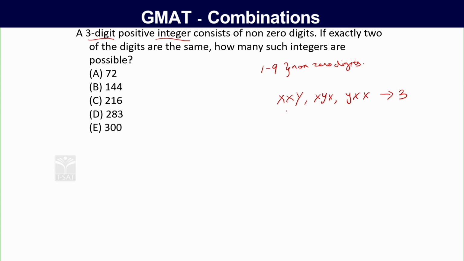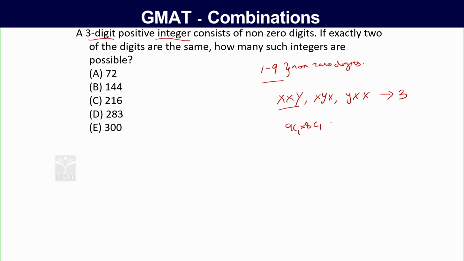Okay, so when you are taking this example of xxy, you need to select one digit out of the 9 digits, 1 to 9. Select one from them to be x, so that will be 9C1, into, you will select one from the remaining 8 digits to be y.